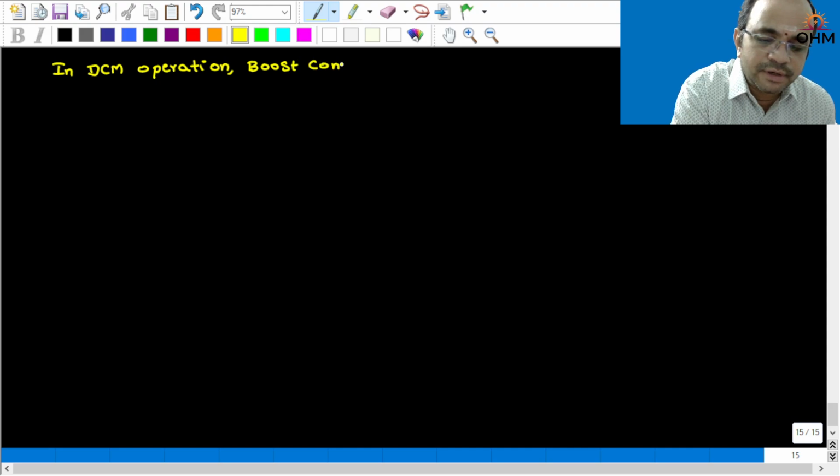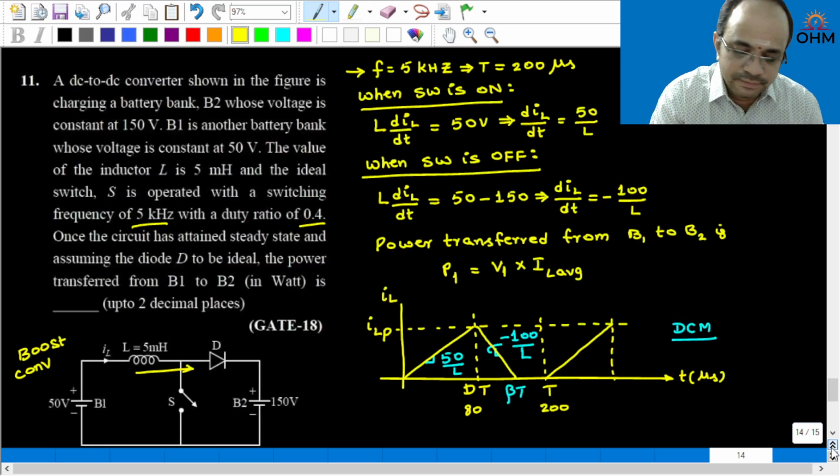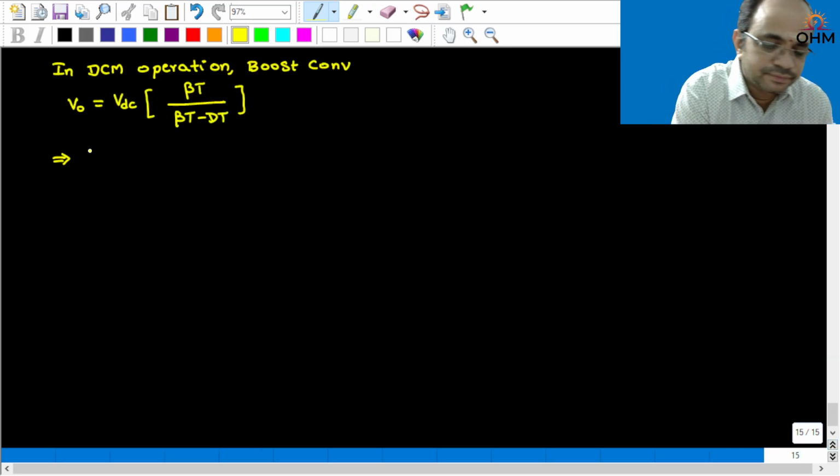operation, the boost converter output voltage can be expressed like this: VDC multiplied by beta t divided by beta t minus dt. Okay. So what is V naught here? That is 150. VDC is 50.